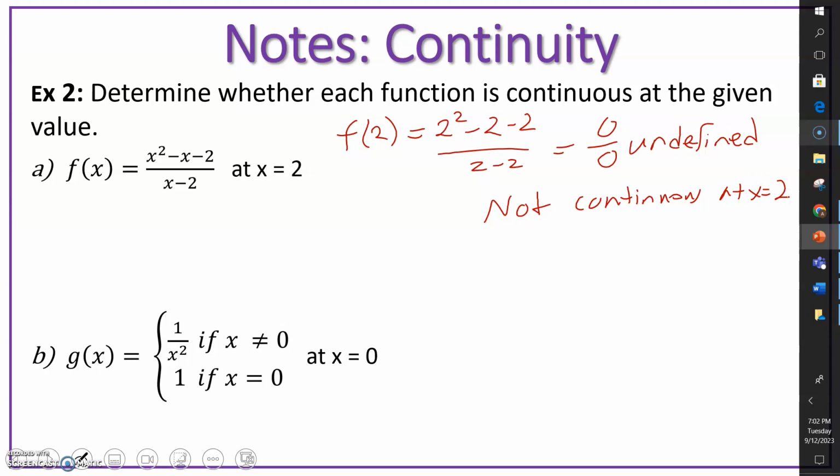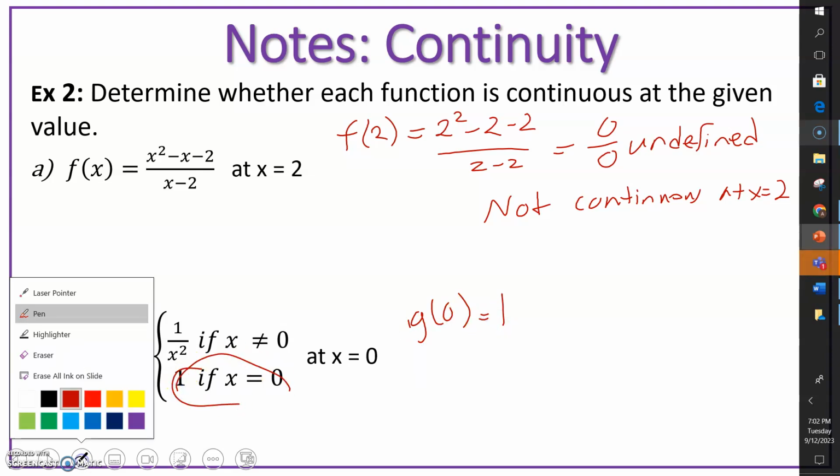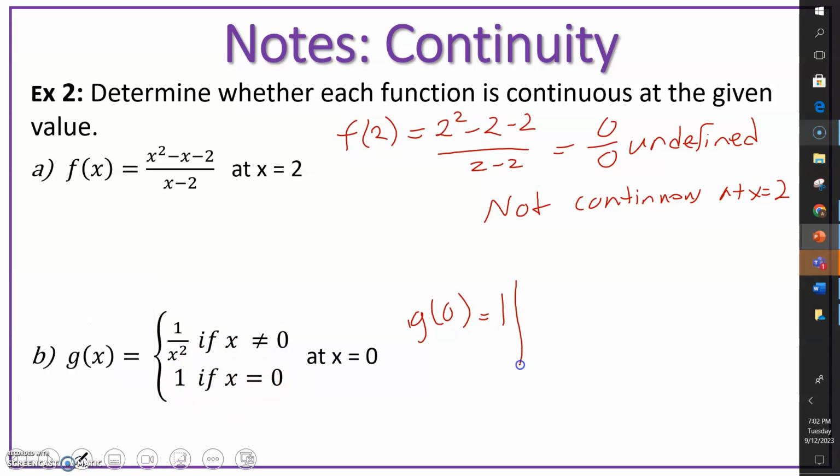Okay, let's check B. Is g of 0 defined? It is. It's defined as 1. Now let's check the limit. The limit as x approaches 0 of g of x, which is 1 over x squared.